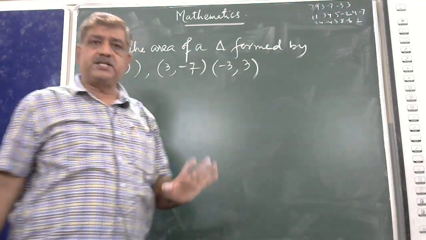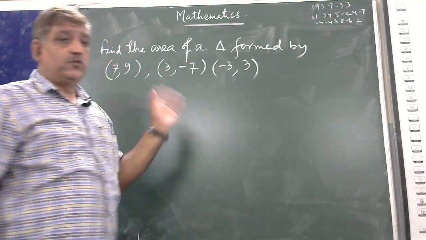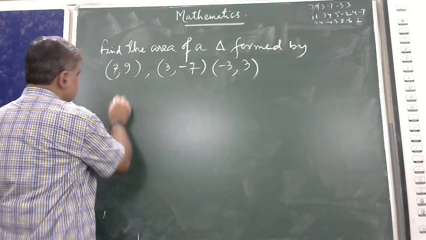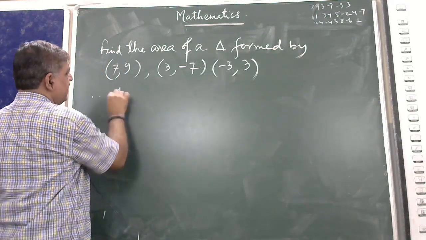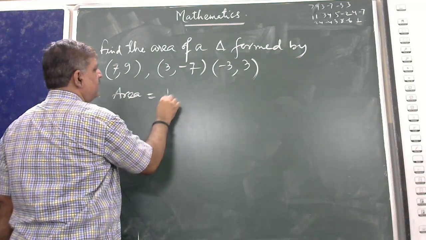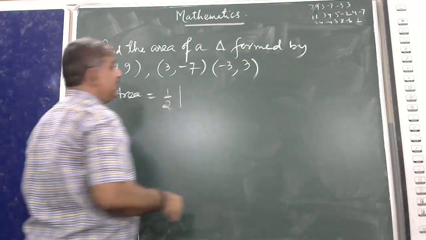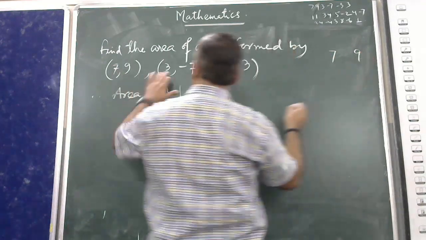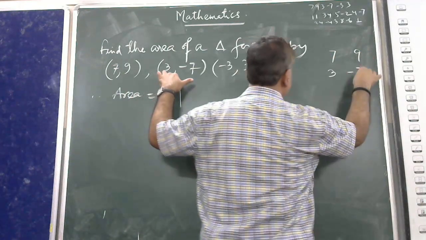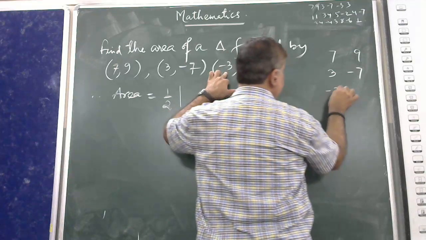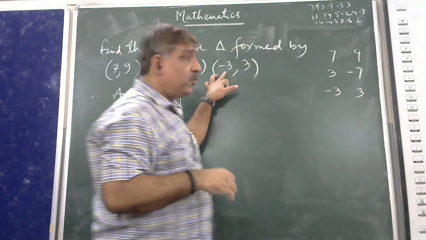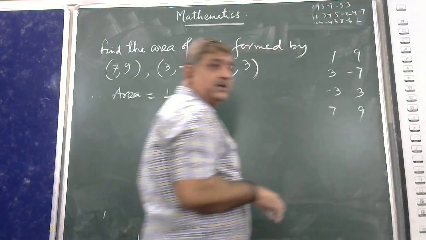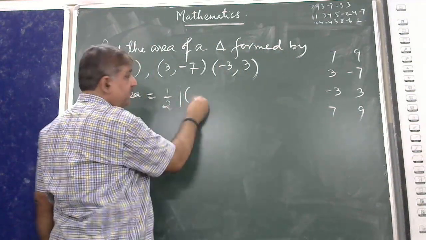These 3 points form a triangle, and you want to find the area of this triangle. So we can write directly: area is equal to half, with a modulus. Now you just put the points here: 7, 9, then 3, minus 7, then minus 3, 3. Once more you need to write the first one, that is 7, 9. Now try to put the first bracket.